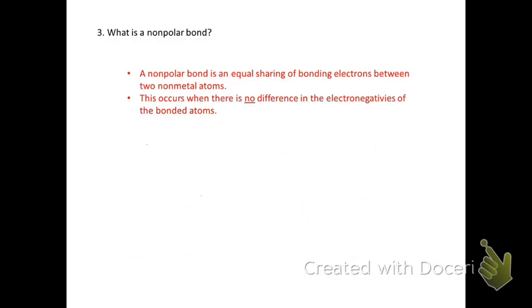Well, a nonpolar bond is going to exist only if there's an equal sharing of electrons. If there's an equal sharing of electrons, then there's going to be no polarity, no partial negative or partial positive that's created. Now this occurs because there's no difference in electronegativities of the bonded atoms. So an example would be between two hydrogen atoms.